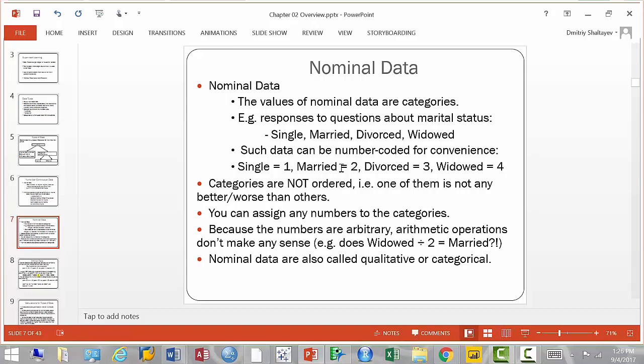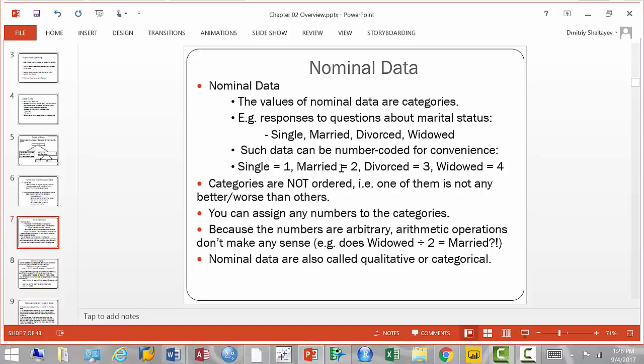So therefore, I can't compute means, standard deviations, or percentiles, and there are no outliers. None of the concepts that apply to continuous data apply to nominal data. For nominal data, the only thing that we can calculate is how many responses I got in category 1, how many in category 2, 3, and 4, and what the percentages are.